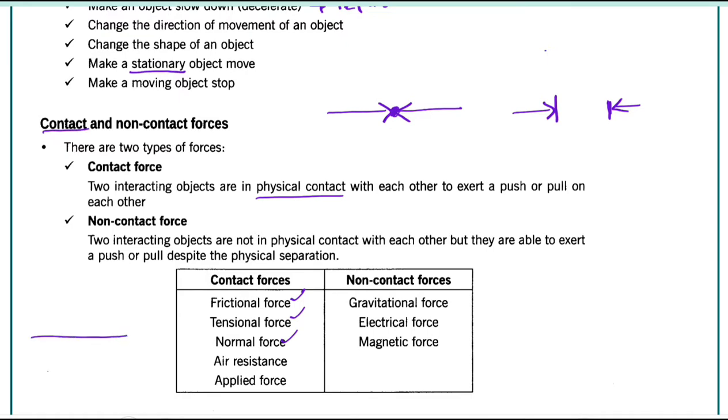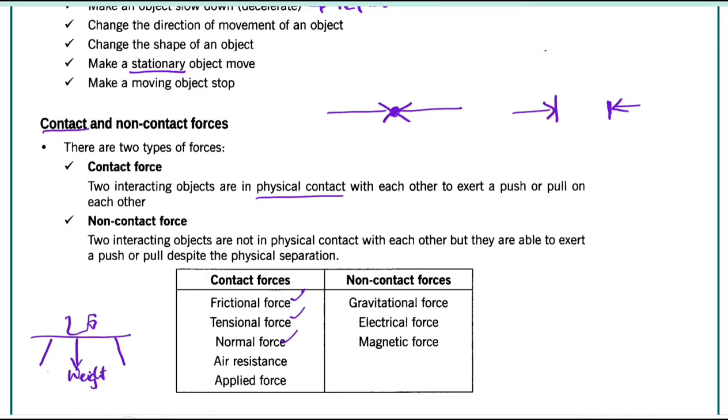Let's say, for example, you have a table, and you put a cup on top of the table. The reason the cup stays still is that the cup is exerting a force downwards, and that force is called weight.